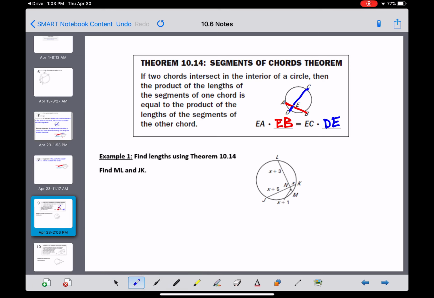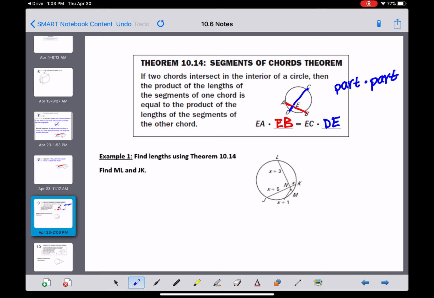So you take the part of the line times part of the line, and then it's equal to the other one. So if you were adding them, then the lengths would be equal. But in this, the chord lengths are not equal. It's the parts multiplied together which are equal.